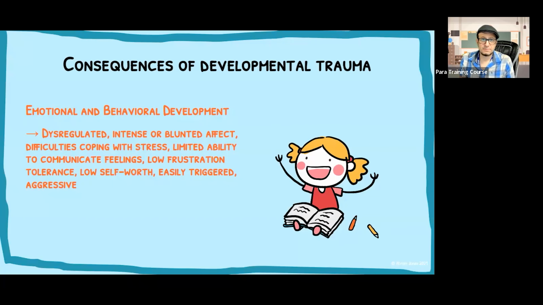Remember that affect is emotion. They can have difficulties coping with stress or limited ability to communicate feelings, going back to the first and second competency of SEL. They may have low frustration tolerance, a tendency to give up more quickly than others might. May have low self-worth, thinking, I'm not good at anything. They can be easily triggered and aggressive as well. Those are some ramifications for emotional and behavioral development when someone has developmental trauma.